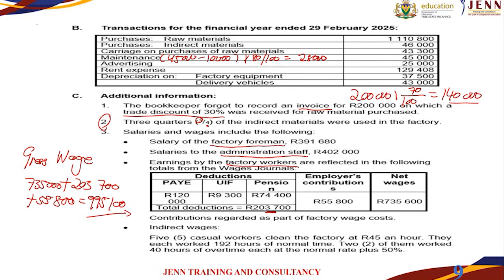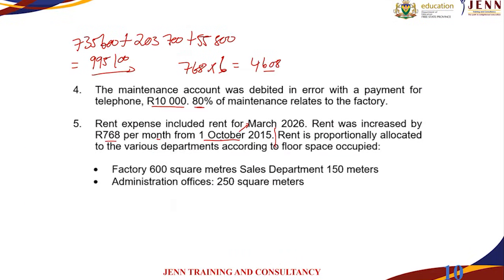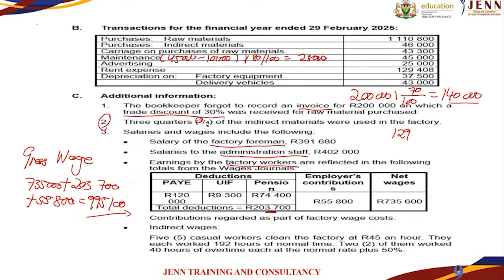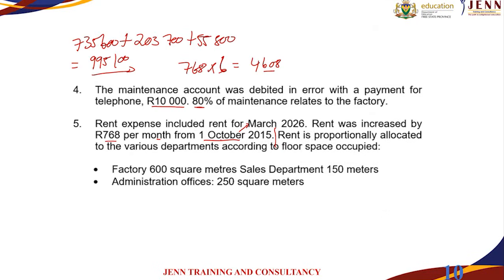Now, when we go back to the previous slide, the rent amount there is 129,408. Let me go to the next slide so that I can do it here. It's going to be 129,408. Now we need to subtract the extra amount, which is 4,608.